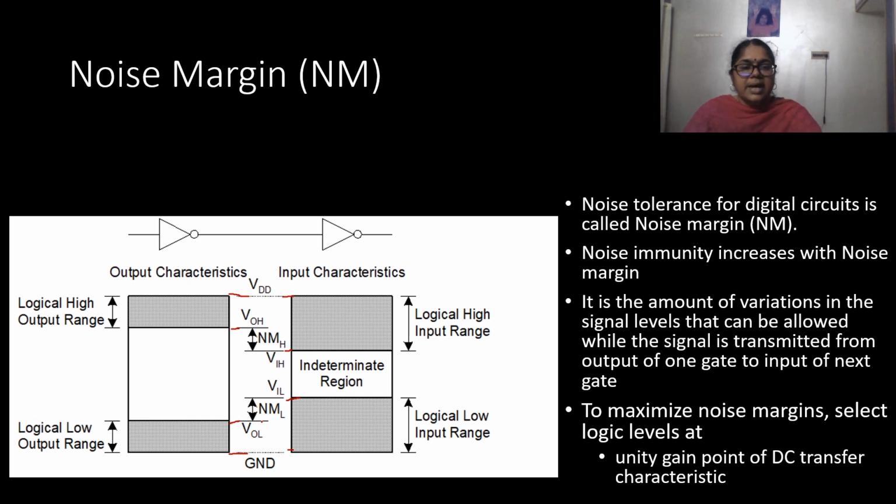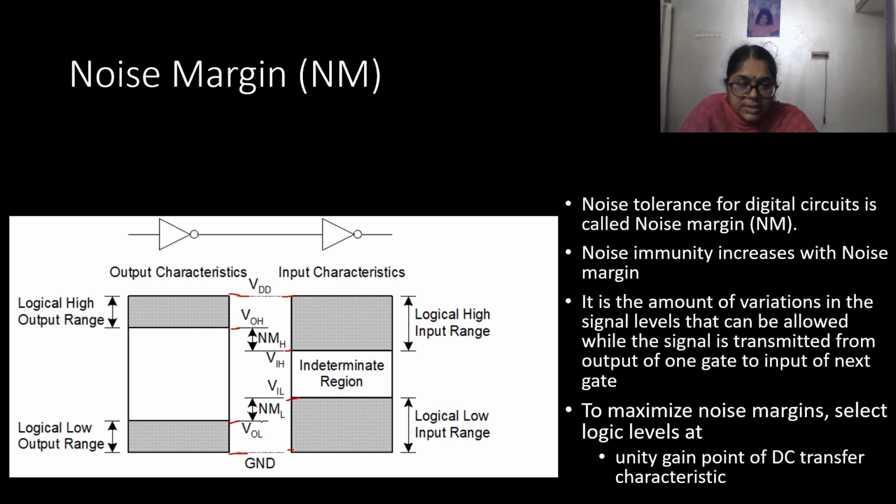So what is noise margin? It is the noise tolerance for the digital circuit, and noise immunity increases with the noise margin. It is the amount of variations in the signal levels that can be allowed while the signal is transmitted from the output of one gate to the input of the next gate. So that is what I had explained to you.